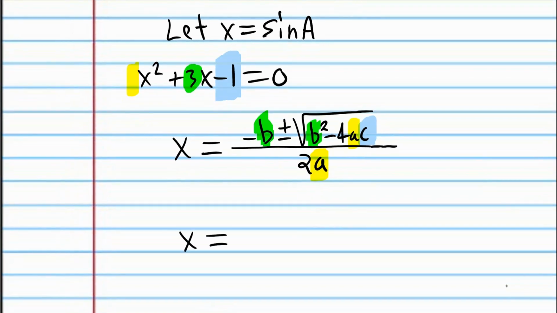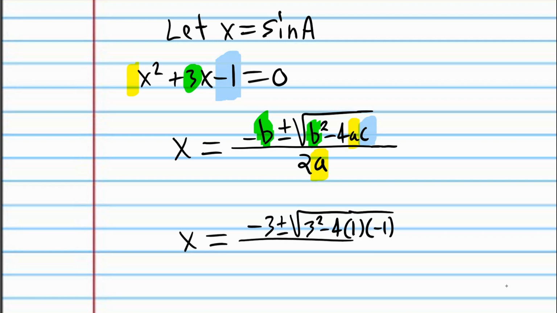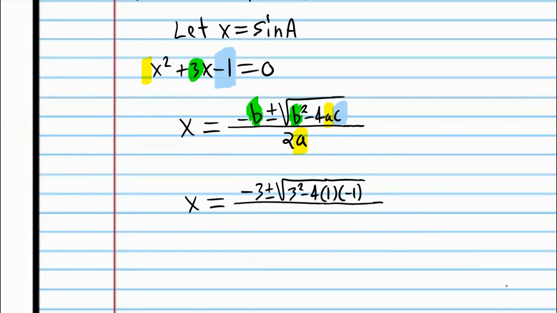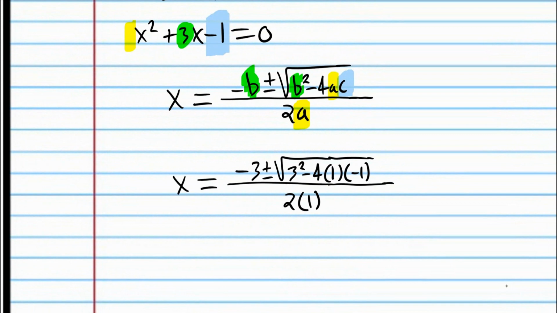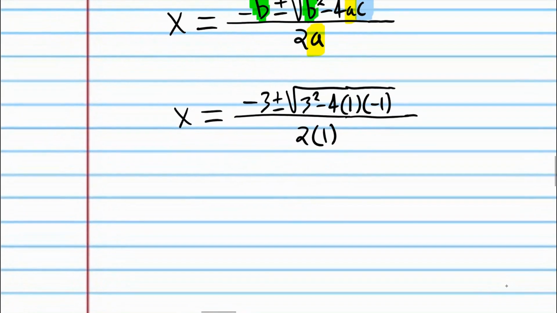Okay, so we have negative 3 plus or minus root 3 squared minus 4 times 1 times negative 1. Make sure that's all under the root, over 2 times 1. So let's look over that, make sure we did that correctly. Everything looks right.